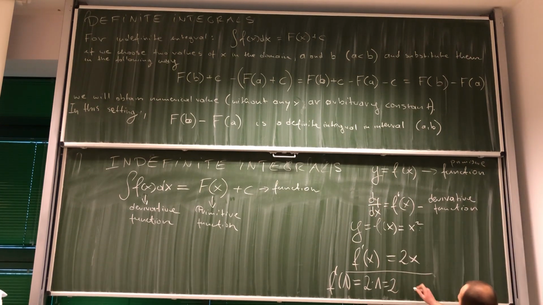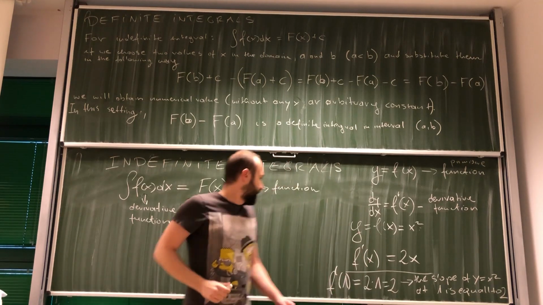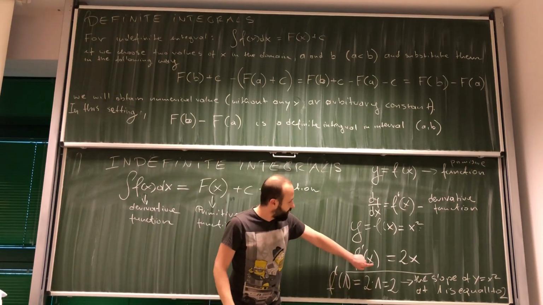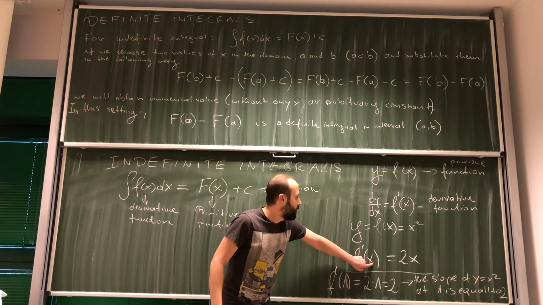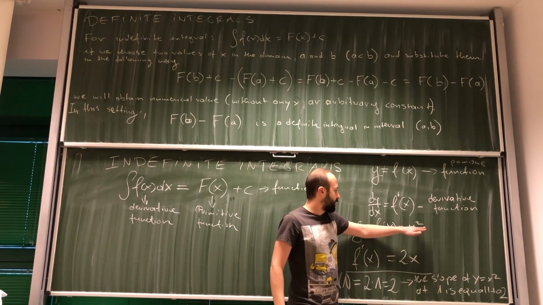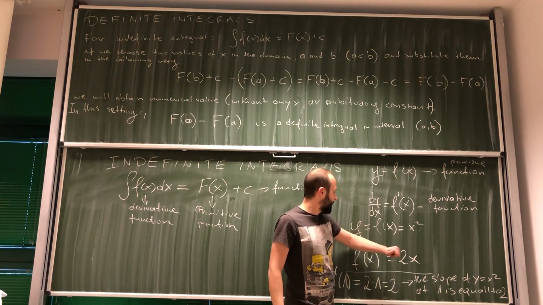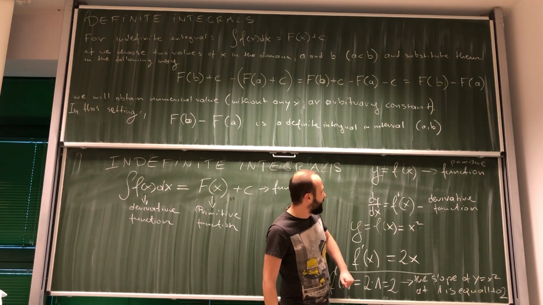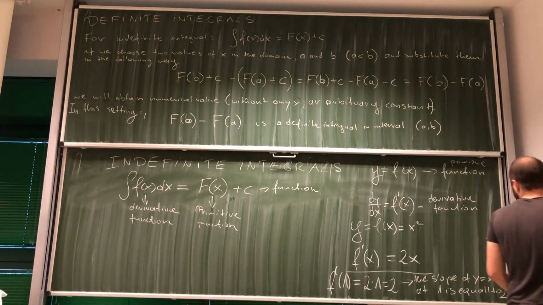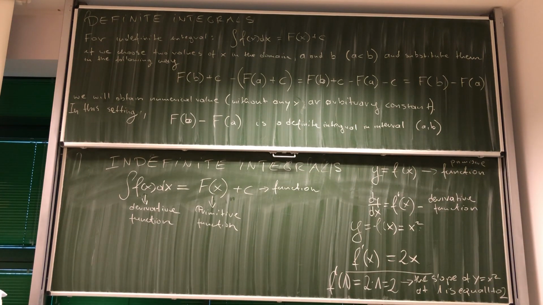So we get from this that the slope of y equals x squared at 1 is equal to 2. And simply by putting different values of x inside the derivative, we are learning the slope of x squared, so of the primitive function, at any given point. This is how we get the slope of the function at any given point.